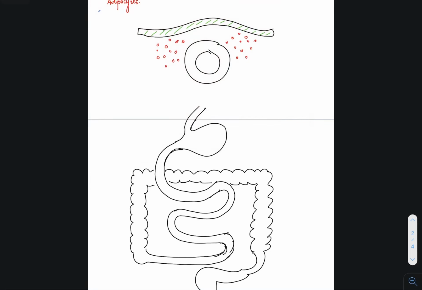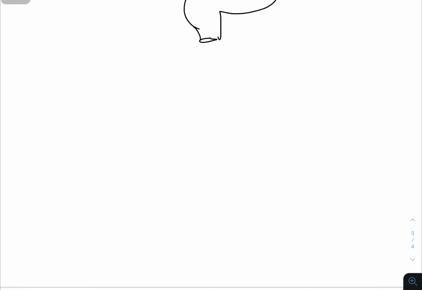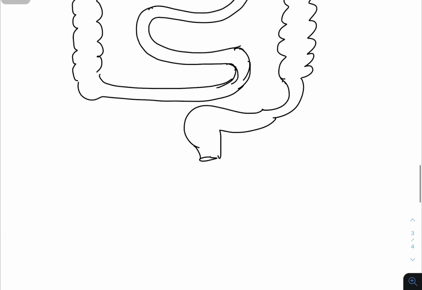Now what happens is these neural crest cells migrate slowly like this and they enter your entire intestine. Now in the intestine you already know that you have got what? You have got layers. There are basically 4 layers in the intestine.